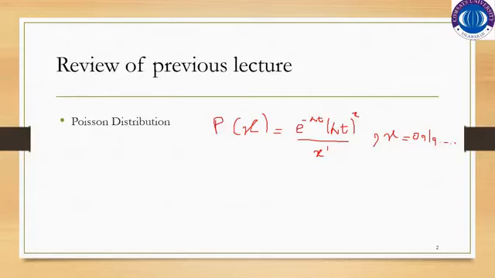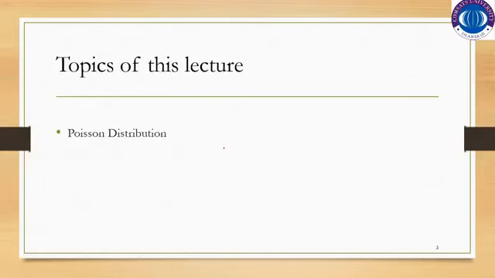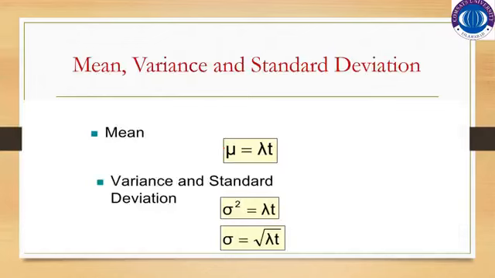All these are events in a fixed time span, and this is basically the distribution for the rare event. We will continue with this topic, Poisson distribution: mean, variance and standard deviation of the Poisson distribution.